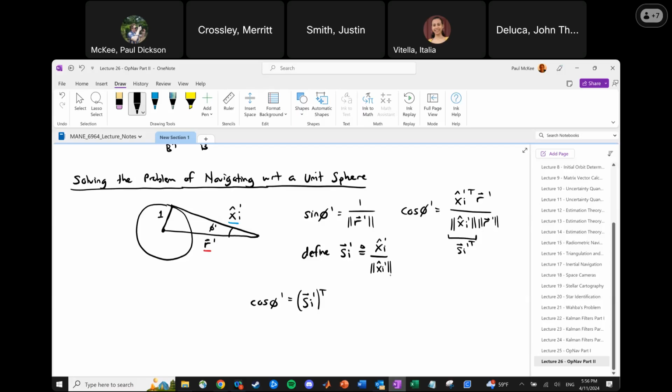So this is this, and then on the right, we've got r prime normalized. Now, we're going to clean this up a little bit further. If we rework this equation, we get 1 is equal to s i prime transpose, and then on the right, we've got our position, our normalized position.